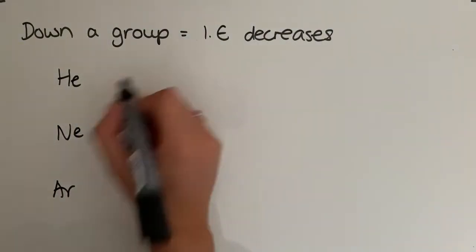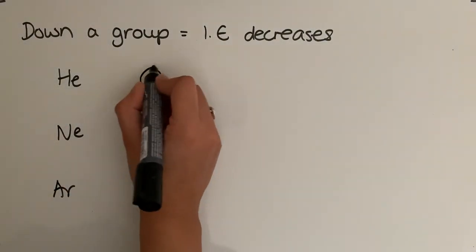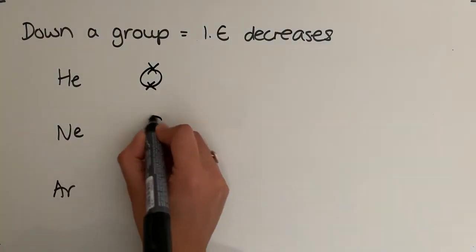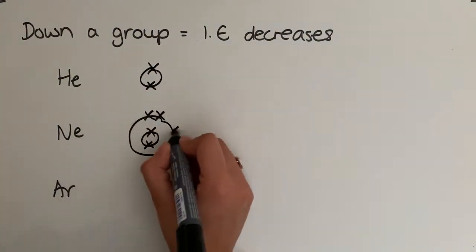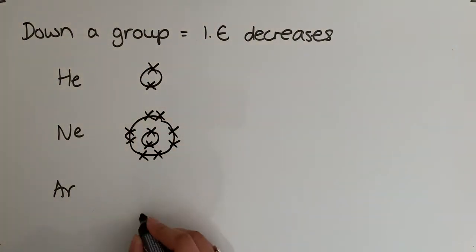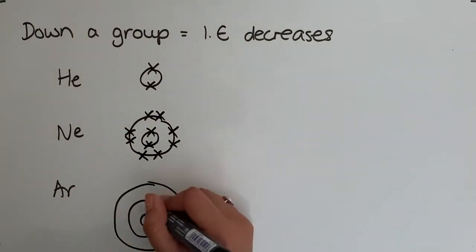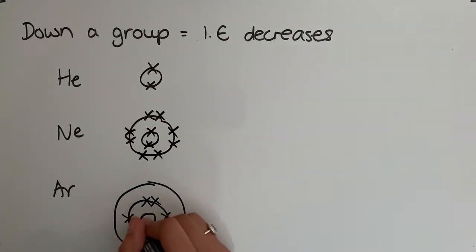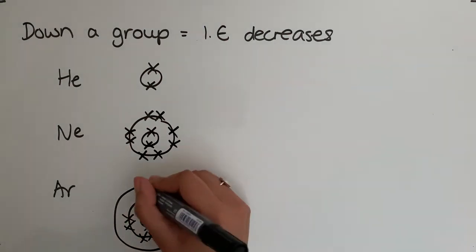Helium just has 2 electrons, neon has 10 electrons, and argon, which I'm going to draw a bit further down, has 18 electrons.